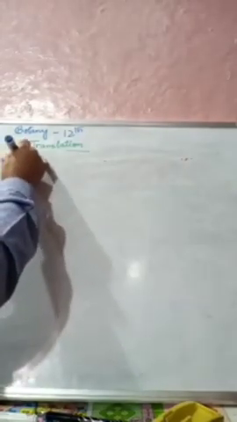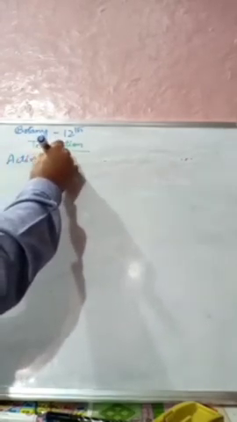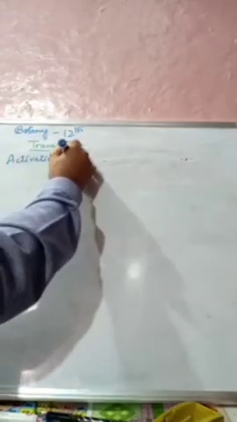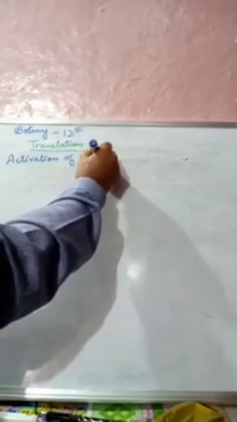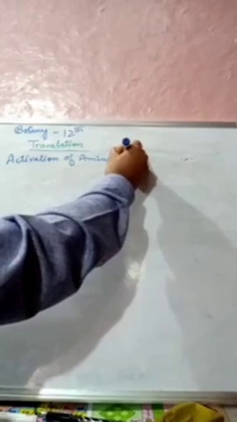First one, activation of amino acids. First step is activation of amino acids. Now, these amino acids are somewhat scattered in the cytoplasm.